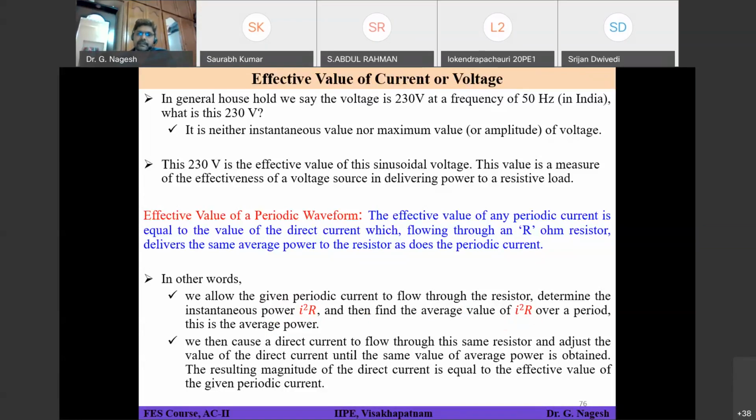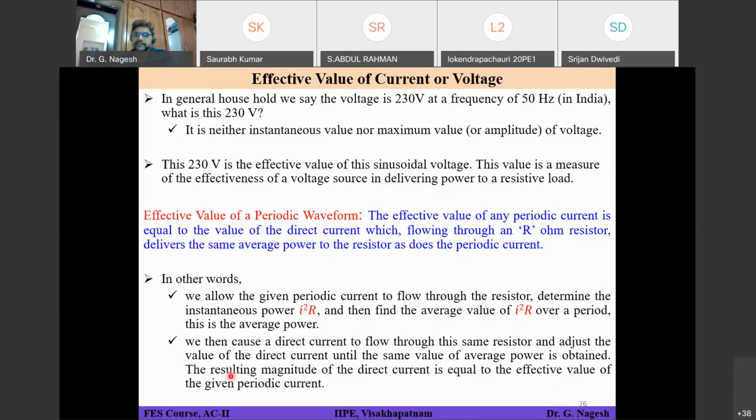Then the second step is we cause a direct current to flow through the same resistor. Consider the same resistor and allow the direct current to flow through it, and adjust the value of the direct current, DC current, until the same value of average power is obtained. You have got some average power after calculating, and you adjust the value of the direct current such that the same average power is delivered to the resistor by the DC current.